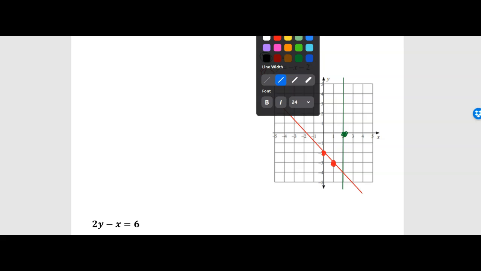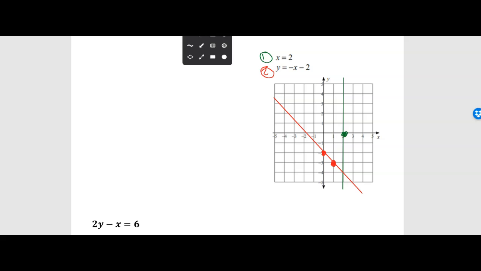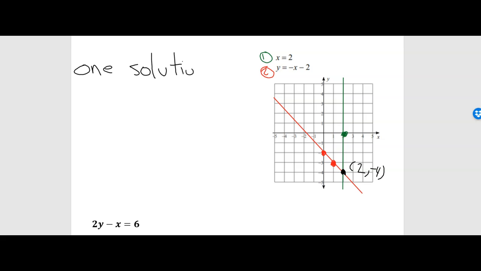And we can pretty clearly see that our intersection point is right here at 2, -4. So this system of equations has one solution. This is like one we did a couple of lessons ago. One solution at 2, -4, because that's the only point that works for both of those equations up above.